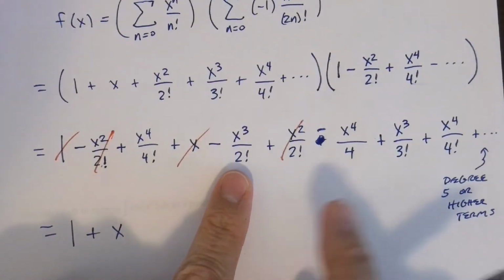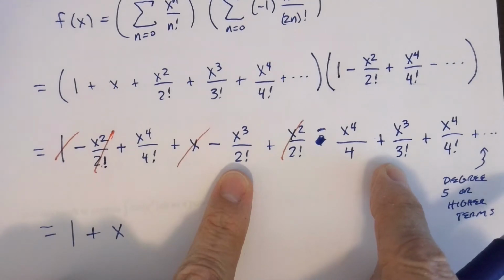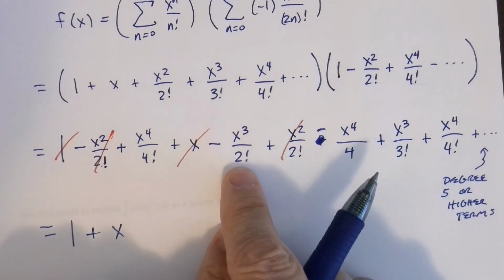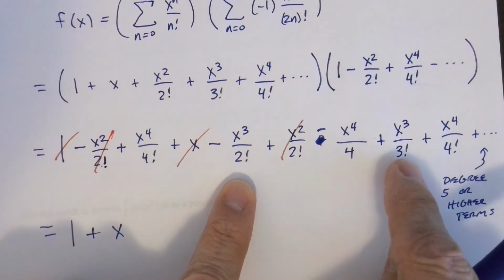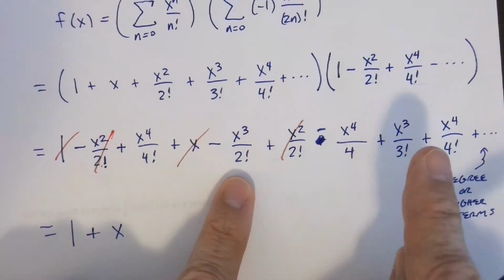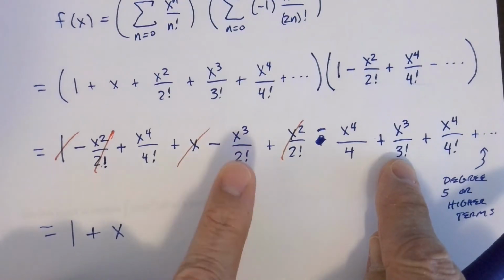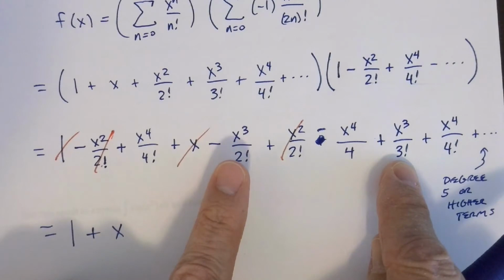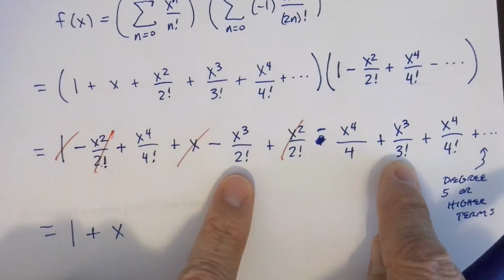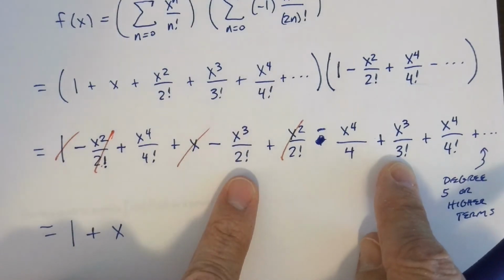X cubed, I got this and this, and so this is negative 1/2, and this is 3 factorial. 3 times 2 is 6. What's negative 1/2 plus 1/6? Negative 3/6 plus 1/6 is negative 2/6, which is negative 1/3.